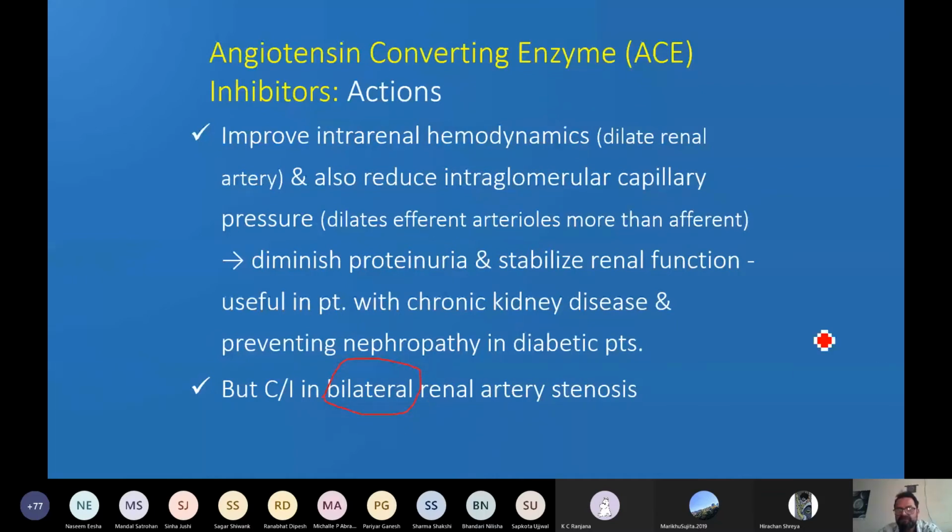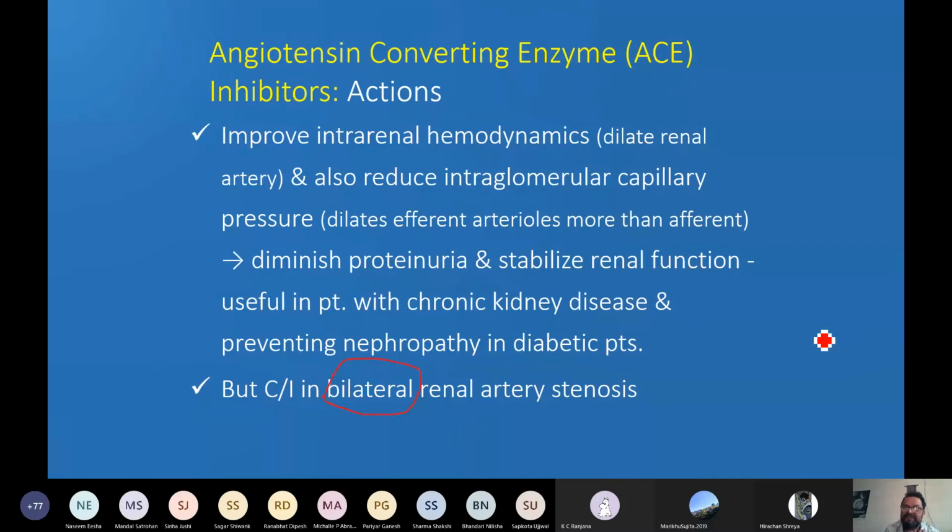Again, I want to remind you that your kidney will detect the BP, and according to that it will release the renin system, isn't it? So if there is bilateral blockade of the artery before it enters the kidneys, that means the kidneys will receive the reduced flow of the blood.